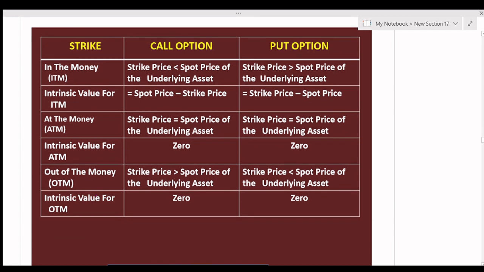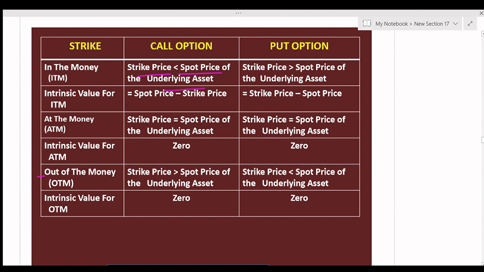Now, strike, call option and put option are tabulated here. In the money: in a call option, the in the money position will arise if the strike price is less than the spot price of the underlying asset.